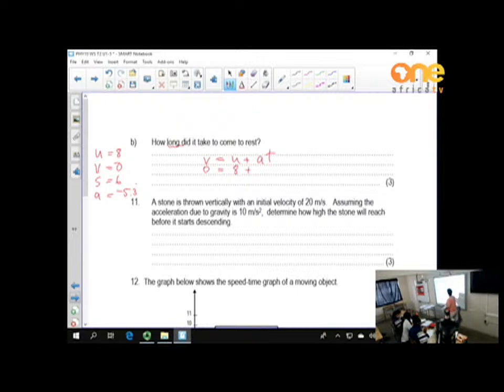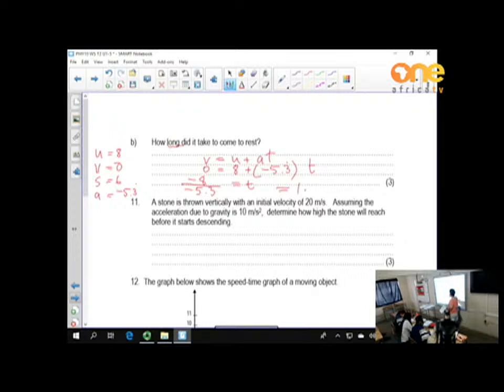Our acceleration is minus 5.3 recurring, and we are looking for time. So, minus 8 divided by minus 5.3 is equal to t. So that is equal to 8 divided by 5.3.